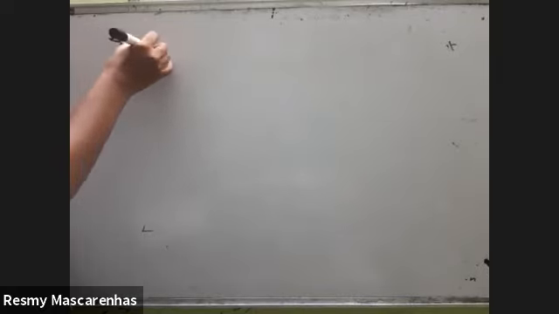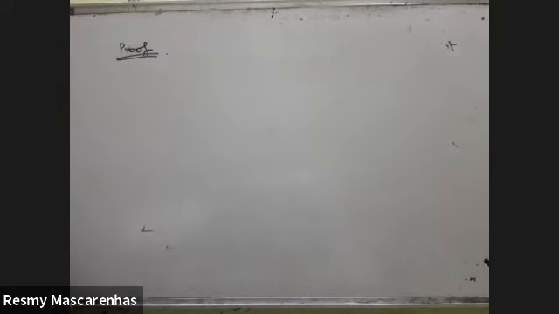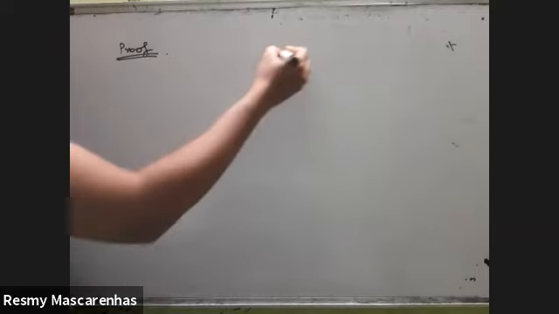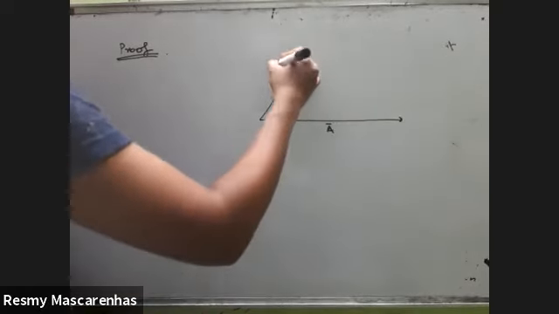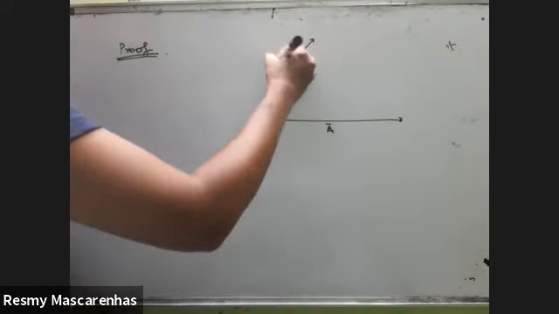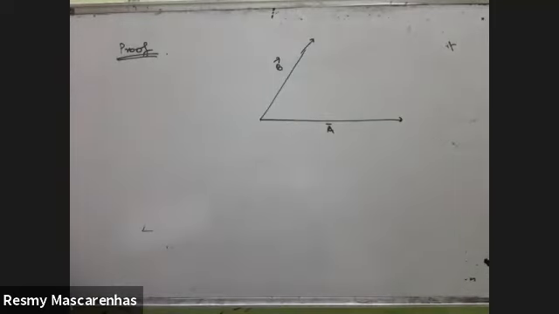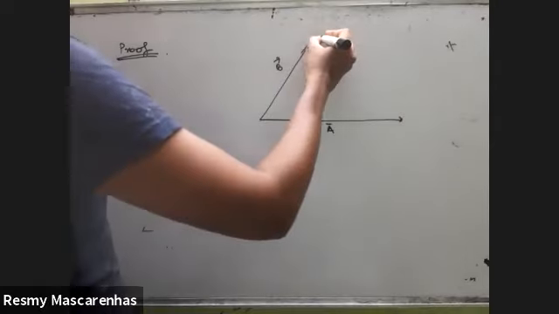This is the proof. We'll draw the diagram first. This is your A bar. This is your B bar. Now complete the parallelogram first.